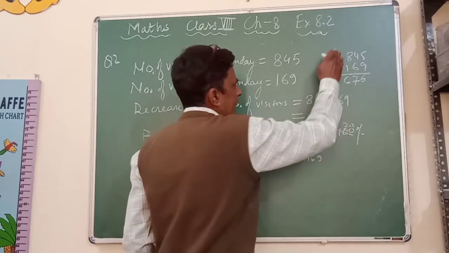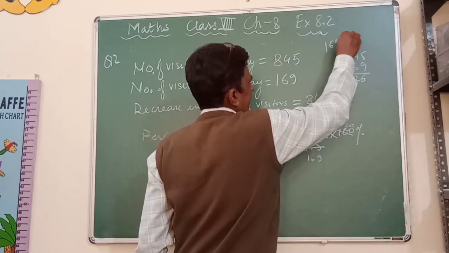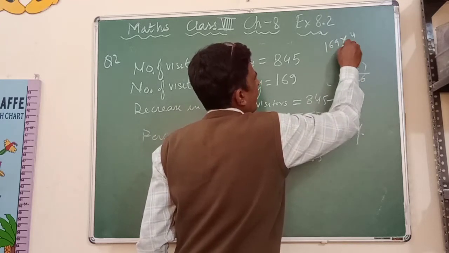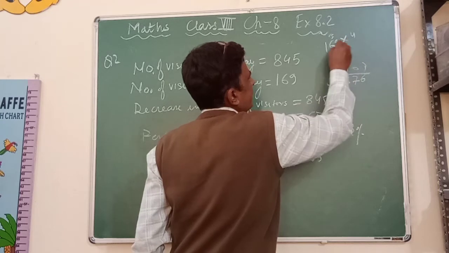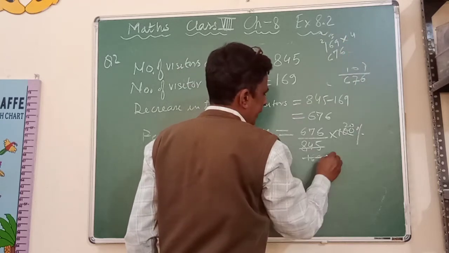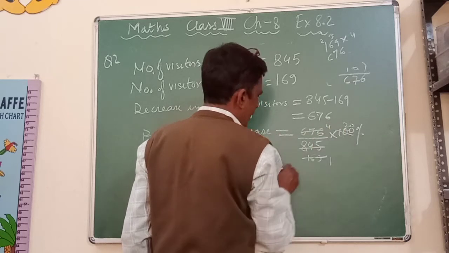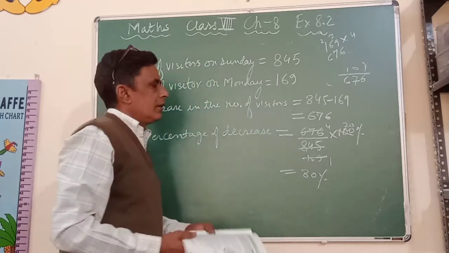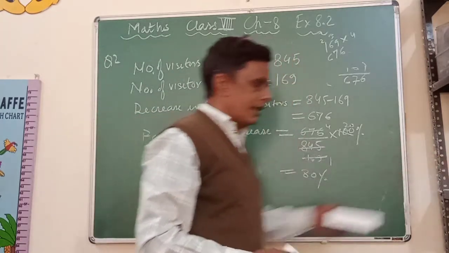We can check it in rough. 169 into 4: 4 9 is 36, 3 is carried, 24, 27, 2 is carried, 6. Okay, it's 4 times. 4 into 20 is 80. There is a decrease of 80% in the number of visitors on Monday.